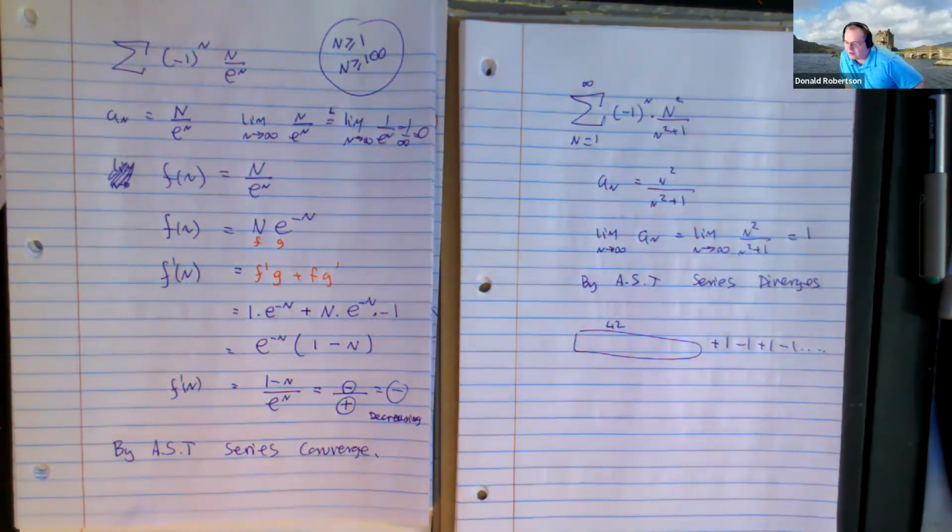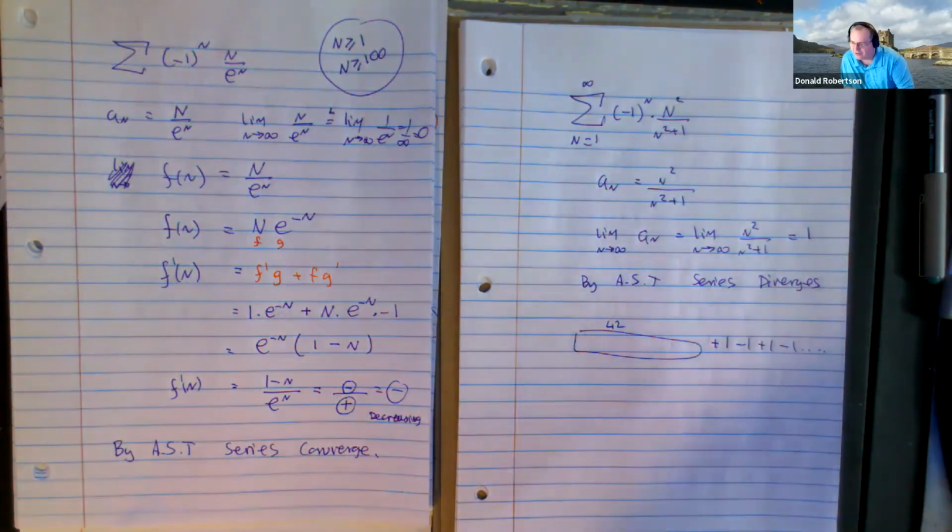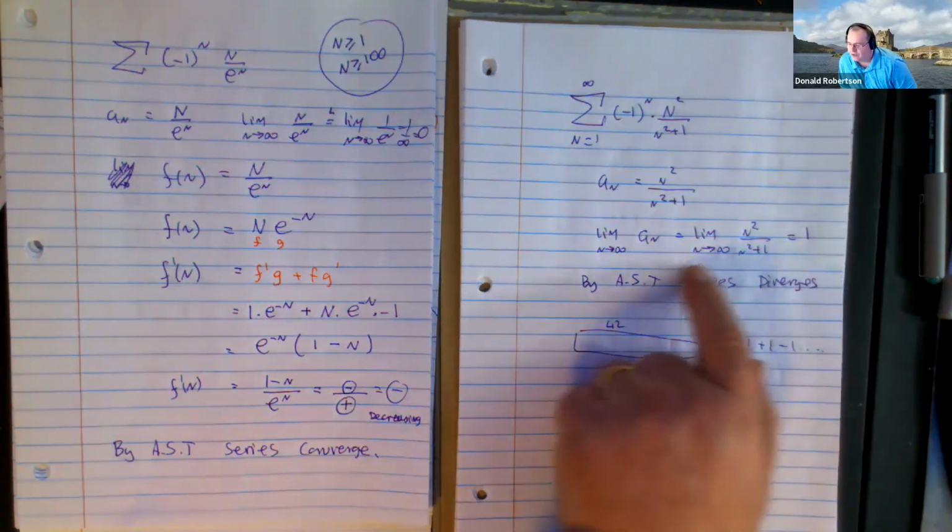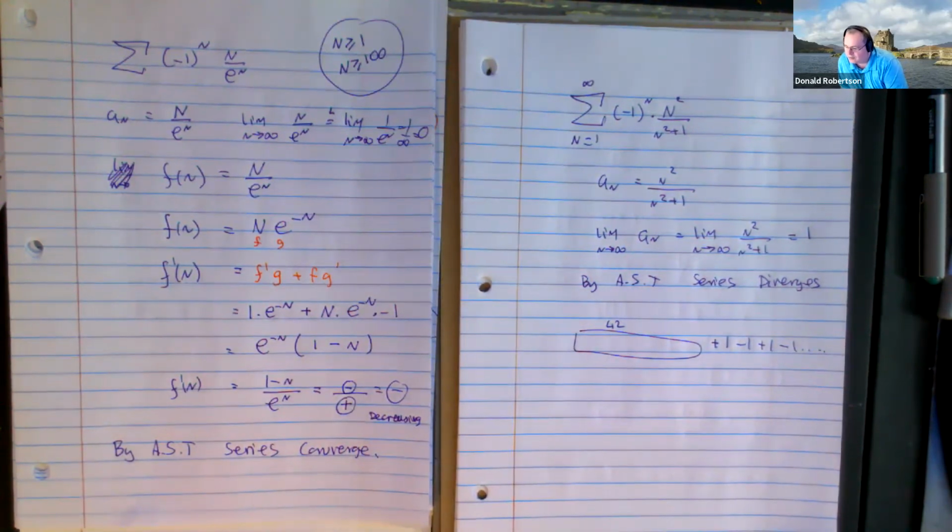Do you see why that can't converge? Because won't you go 43, 42, 43, 42, 43, 42 forever? Isn't it going to bounce between two values? So it's going to diverge, not because the answer is infinitely big, but because the answer doesn't home in on a unique value. So this one died on that stage, right? Does that make sense?